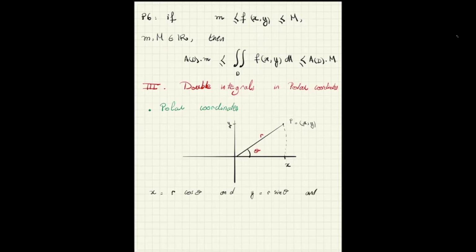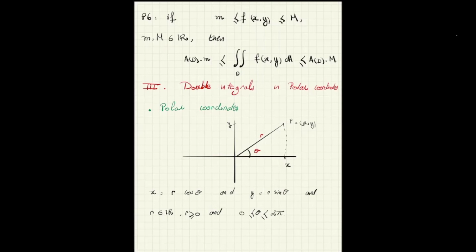And r is some positive number, and theta is some angle between 0 and 2 pi.